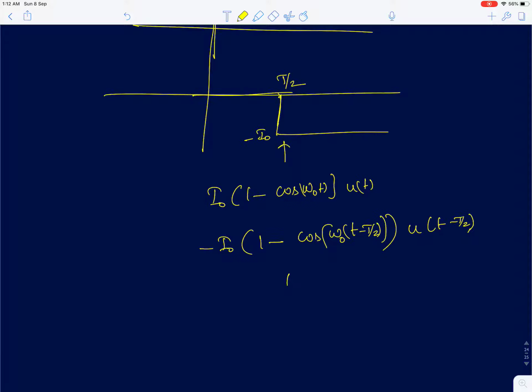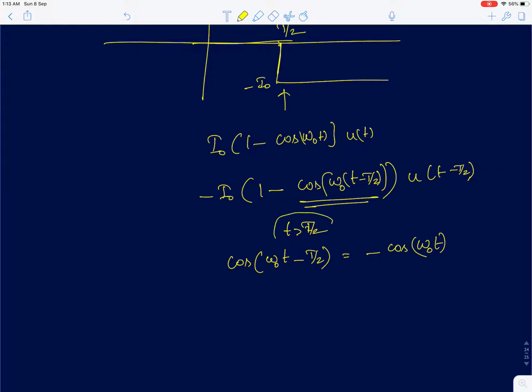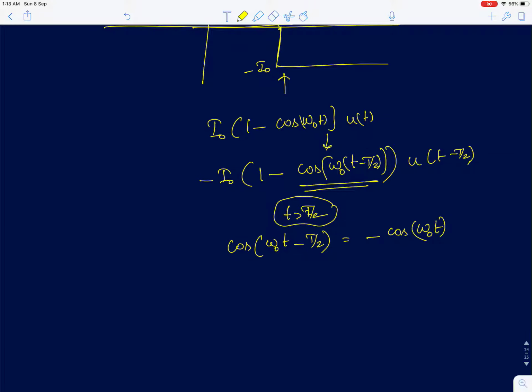So I am now going to draw this waveform for t greater than T by 2. This result, cos of omega naught (t minus T by 2), is simply minus cos omega naught t. So I am going to draw this after t greater than T by 2. After this, these two I naught terms will cancel out.